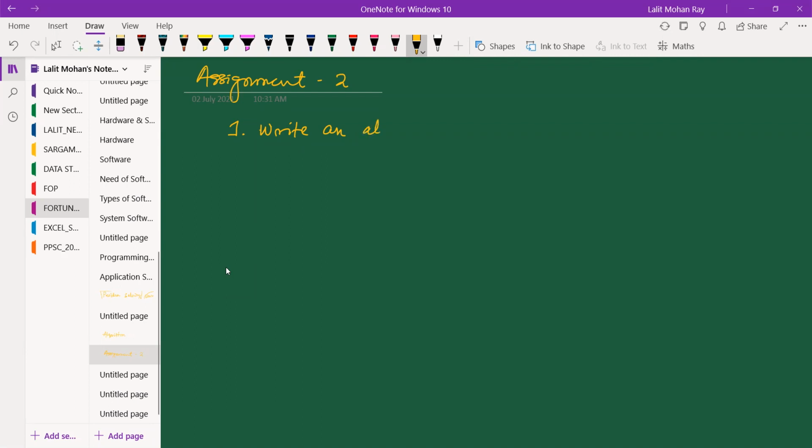Write an algorithm to convert the temperature from Fahrenheit to Celsius.